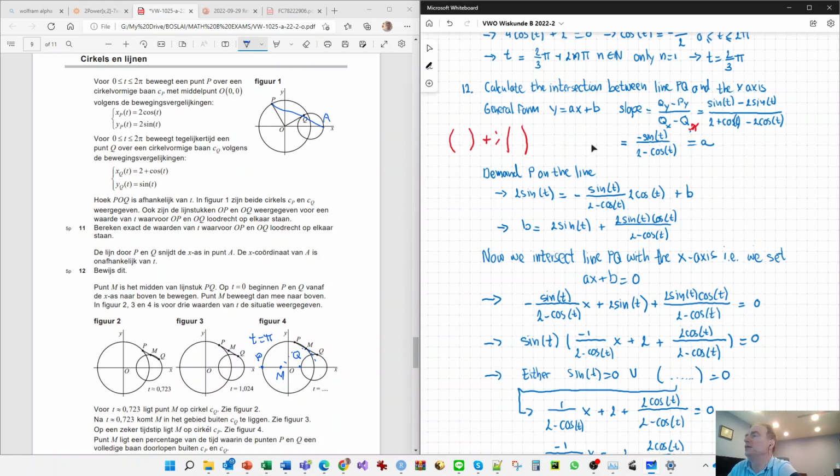Now we want either P or Q to be on the line. It shouldn't matter if you take point P or Q. I took point P here. The y coordinate of point P is 2 sine t. This has to be equal to our A times the x coordinate of P, which is 2 cosine t, plus B, the B from the line.